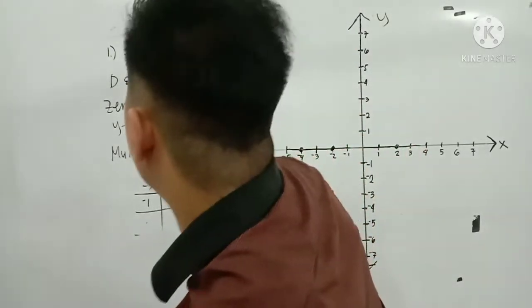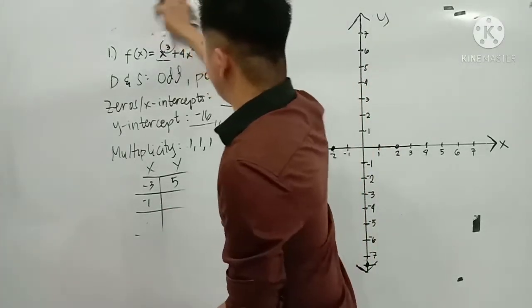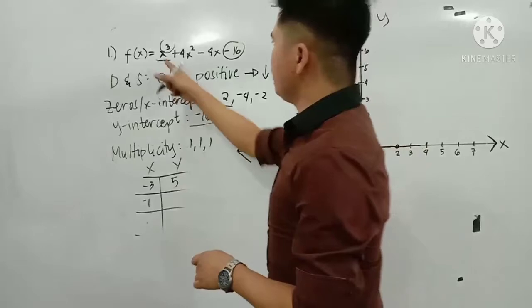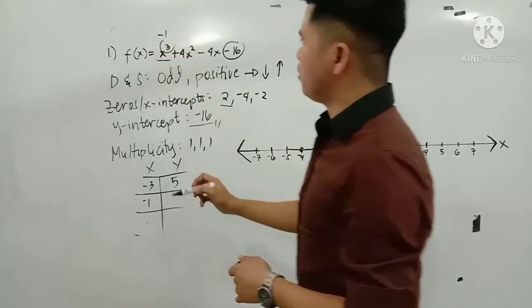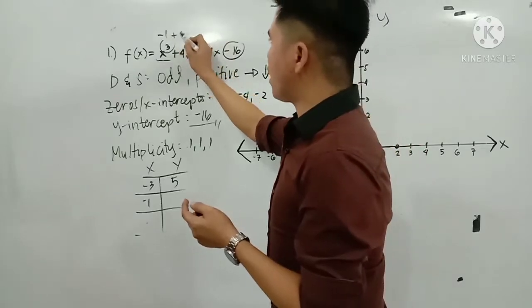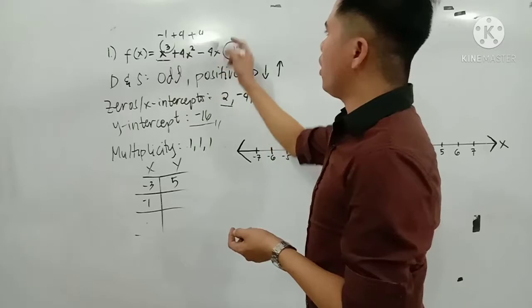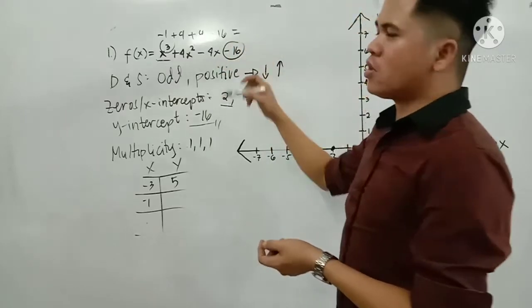Then, negative 1 squared is positive 1 times 4 is positive 4. Then, negative 1 times negative 4 is positive 4. And copy the constant, negative 16.